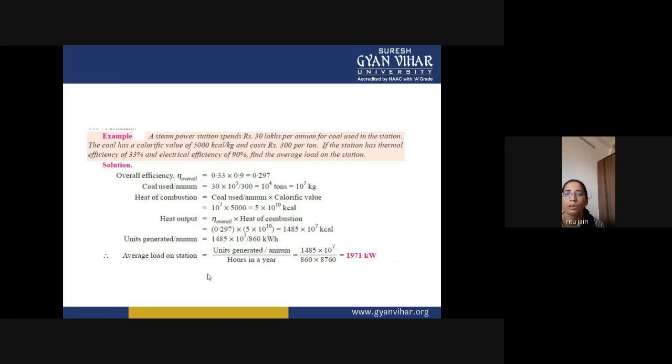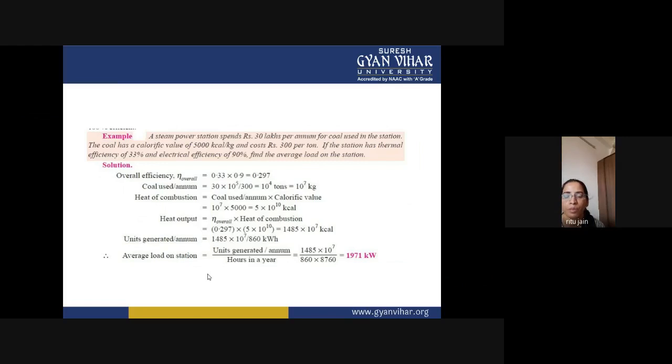Now the coal used per annum is equal to 30 into 10 to the power 5 upon 300, which is 10 to the power 4 tons, which is 10 to the power 7 kilogram. So the heat of combustion is coal used per annum into calorific value, which is 10 to the power 7 into 5000, which is 5 into 10 to the power 10 kilocalorie.